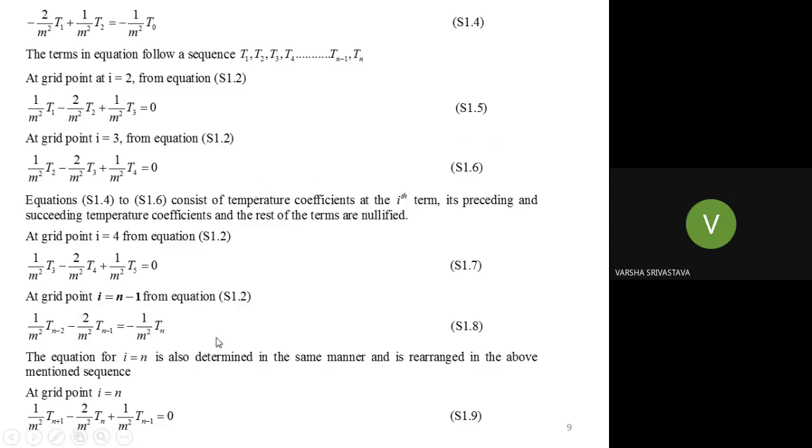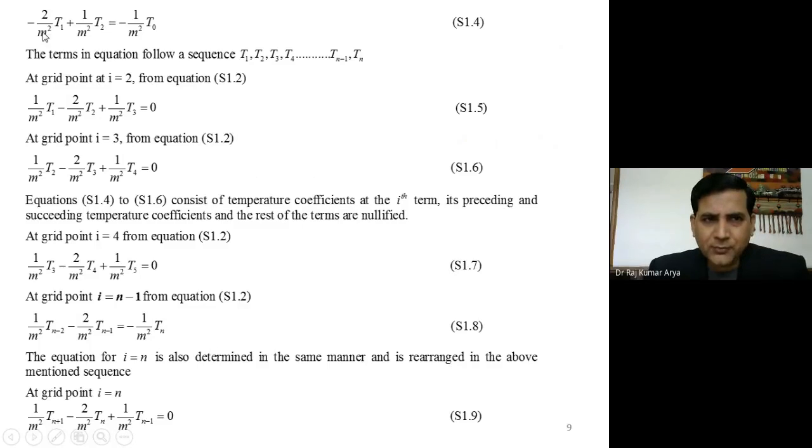The first equation will have just two temperatures, the rest of the temperature coefficients are 0. Here, T3, T4, T5, T6, T7, and Tn, all of those coefficients are 0. So your first equation would have only two terms. In the second equation, the T1 term is there, T2 term is there, T3 is there, but T4 is not there.